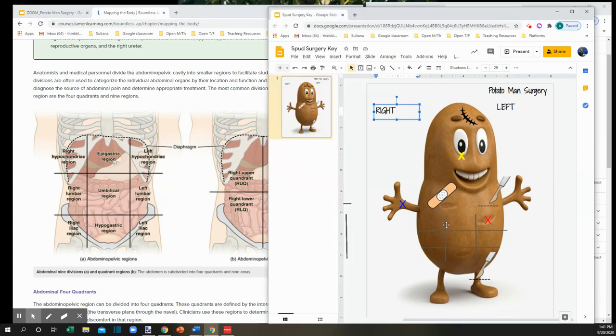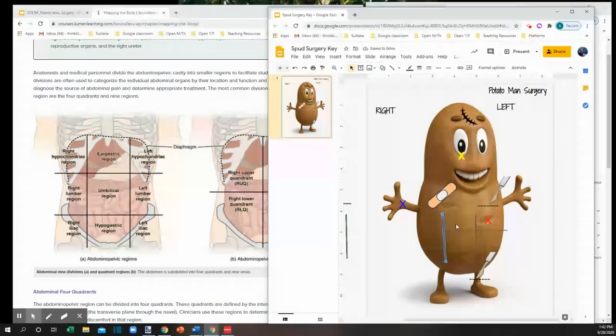Some of you ended your lines way up here, and that's just not where the cavity even starts. The cavity starts right below where the axillary region is, right below the thoracic cavity or the chest cavity. With 4 lines, you should have been able to make a grid of 9.